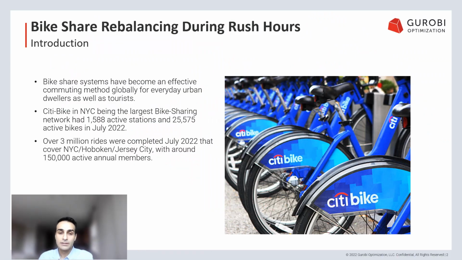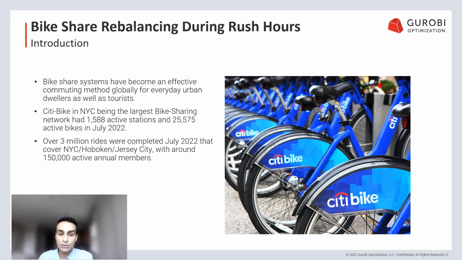So the use case that we are interested in is a bike share rebalancing. As many of you have known or have seen it, maybe you're a user, these rental bikes are now everywhere and everyone uses them, whether the manual ones or the electric ones.